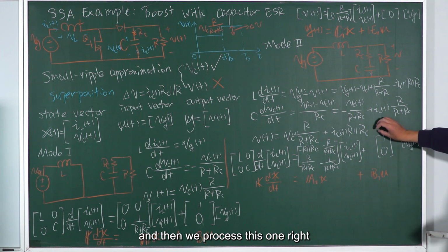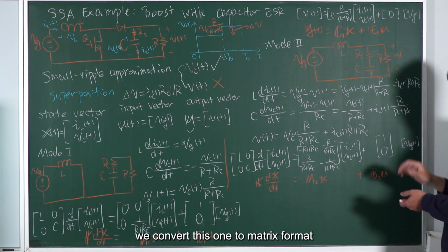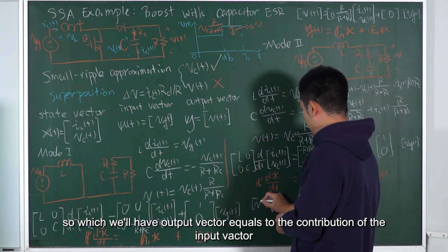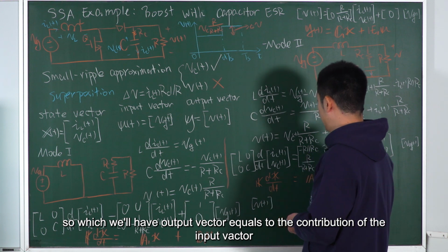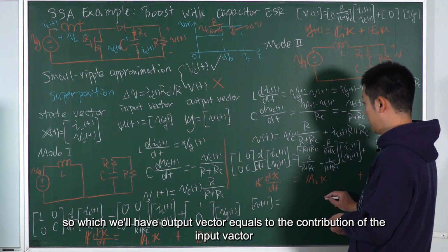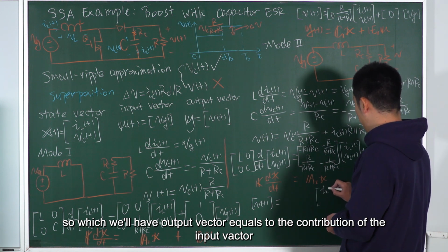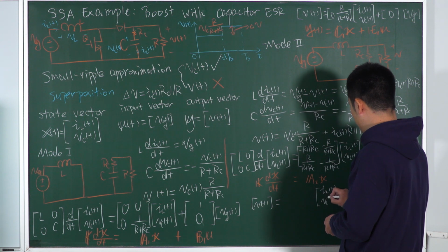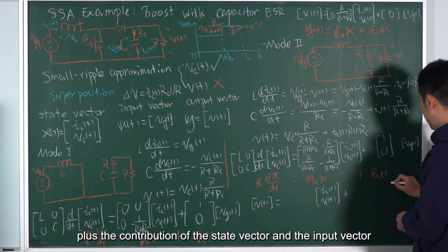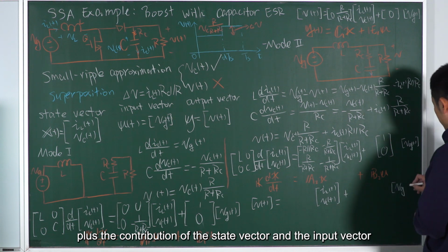And then we process this one, right? We convert this one to matrix format, which will have the output vector equals the contribution of the input vector plus the contribution of the state vector and the input vector.